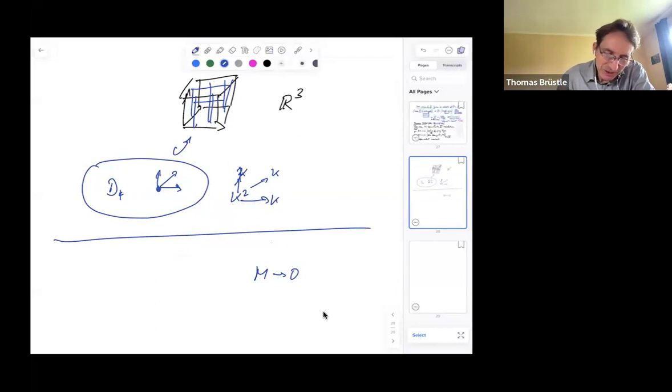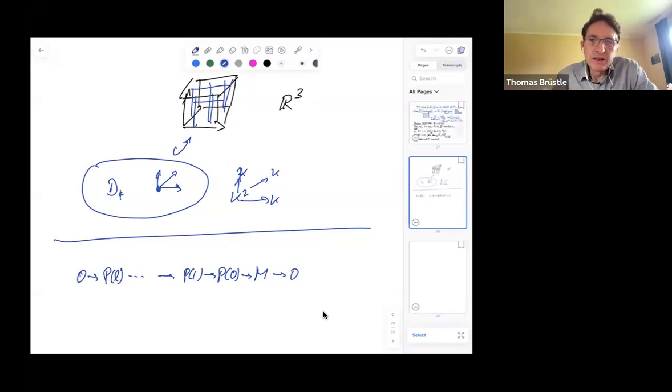We give ourselves a projective resolution of the module, or maybe it's not a projective resolution, maybe it's a resolution by other objects. But what they consider is really the alternating sum of all of those. The g-vector would be just the class of P0 minus the class of P1.